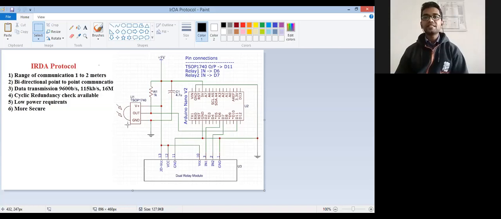This LED emits infrared light and receives infrared light.